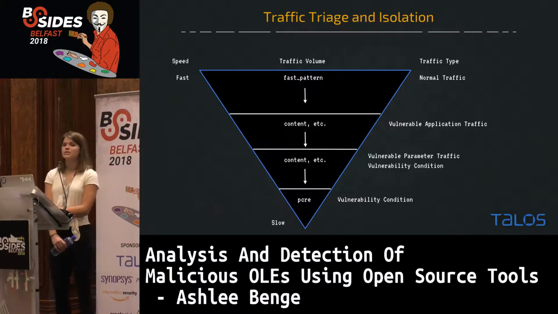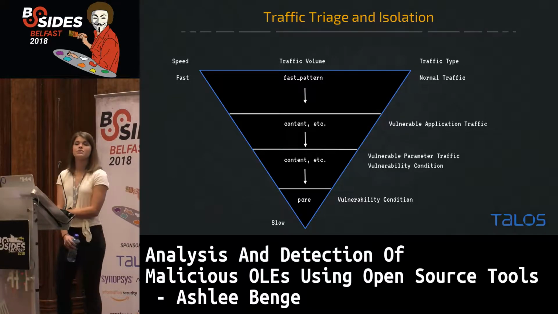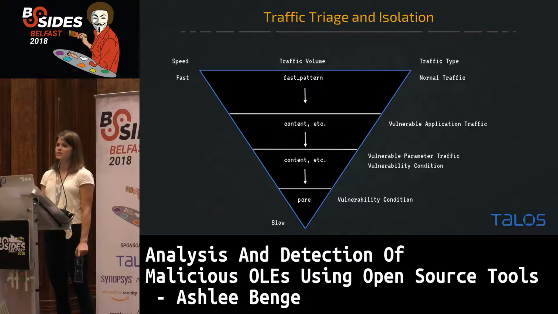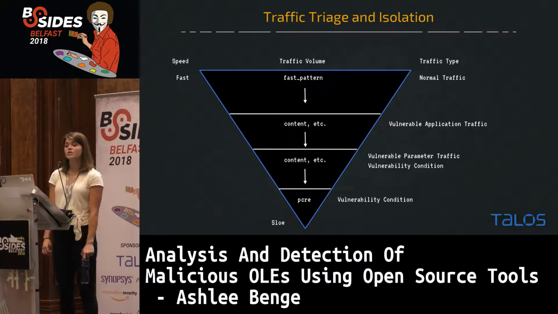And finally, we would go into computationally intensive things like the PCRE or the byte tests, other things that I haven't mentioned in this talk because they're a bit more complicated and hard to explain when I only have limited time. But the goal of this, again, is to just isolate traffic that is relevant to our vulnerability, whatever we're trying to identify, or if you're just trying to identify malware traffic.